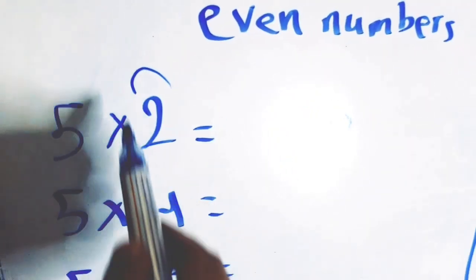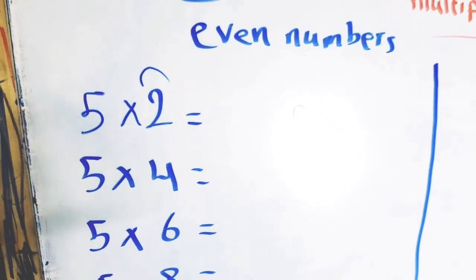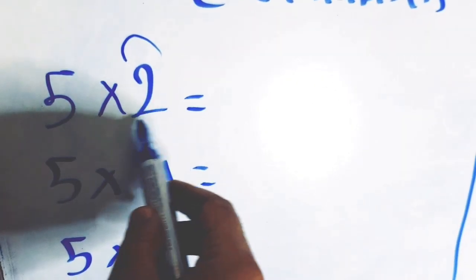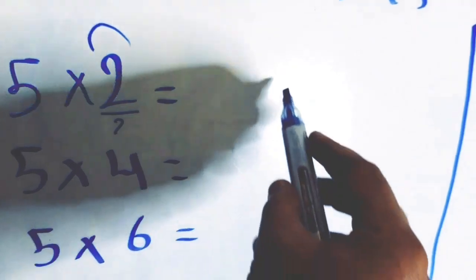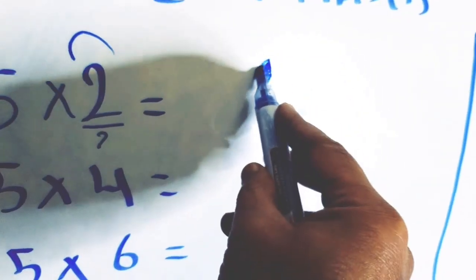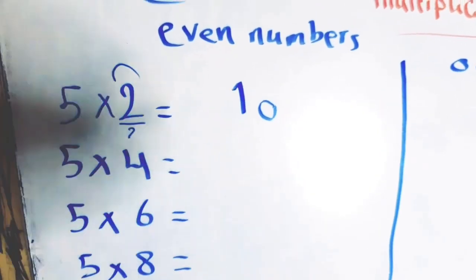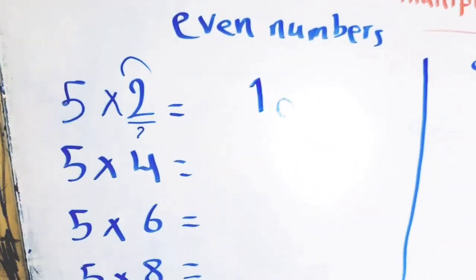Then we divide the number we are multiplying by 5. We divide it by 2. So 2 divided by 2 equals 1. So we have 10. 10 is the multiplication product of 5 times 2.